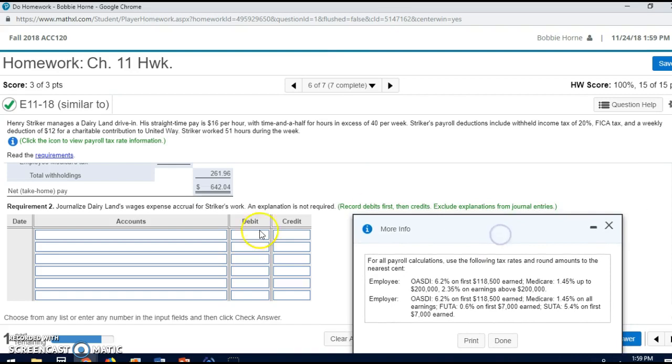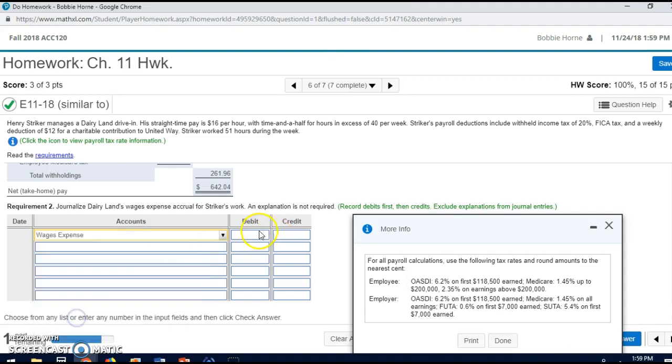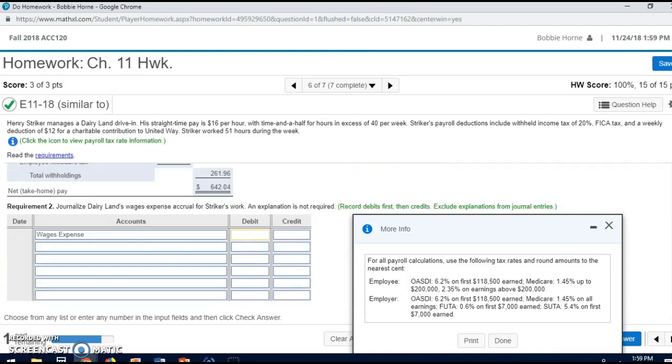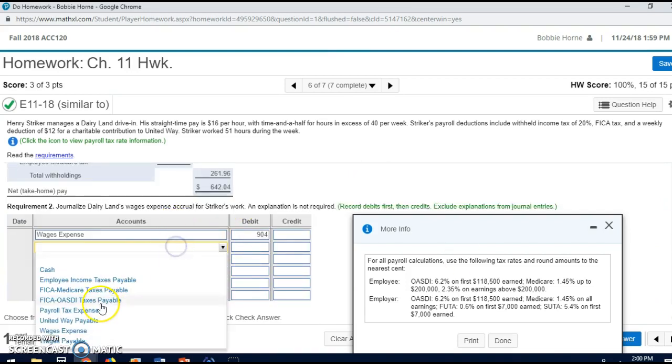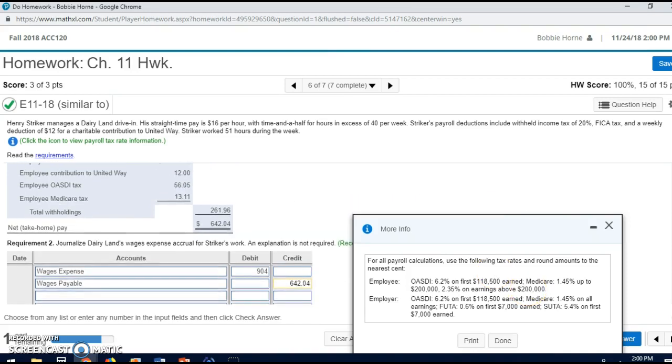Then we want to journalize the wages expense accrual. So the wages expense is going to be the actual gross pay, which is 904. And then we're going to credit wages payable for the 642.04 because you have all these things coming out.